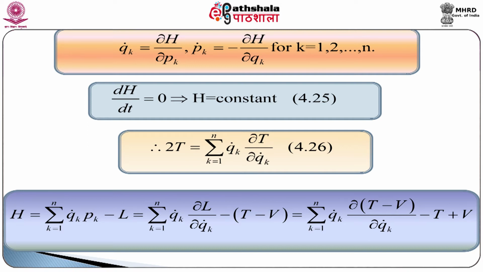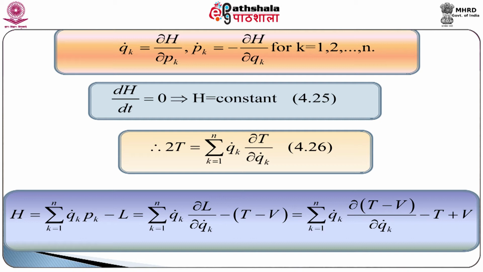Moreover, for a scleronomous system, we know that kinetic energy T is a homogeneous quadratic function of generalized velocities. Therefore, if we use Euler's theorem for homogeneous function, then we get 2T equal to summation k equal to 1 to n Qk dot del T del Qk dot. Here T is the kinetic energy, Qk dot is the generalized velocity.